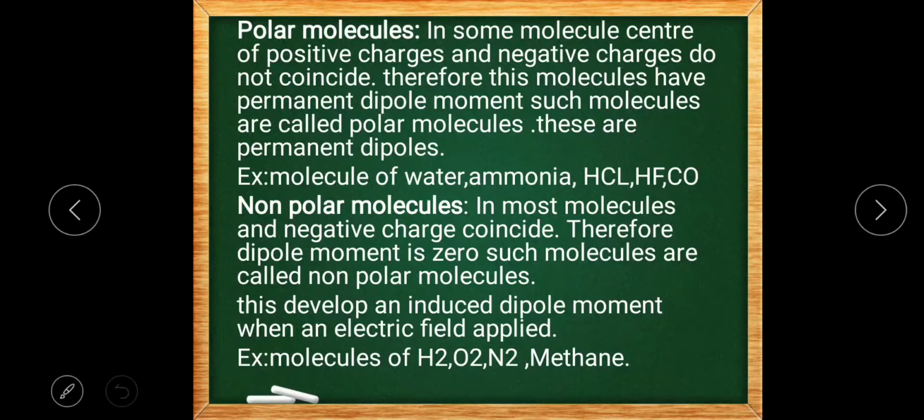Such molecules are called non-polar molecules. These develop an induced dipole moment when an electric field is applied. Examples: molecules of H2, O2, N2 and methane.